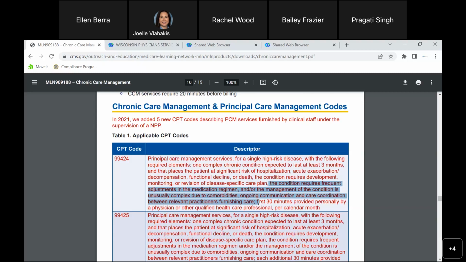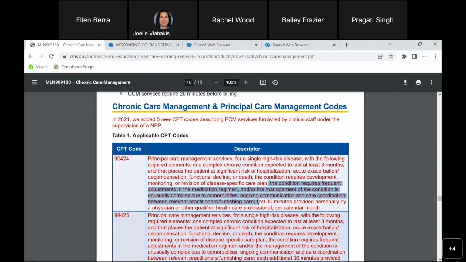etc. So in principal care management, what we're looking at is either the patient has had a hospitalization, and so now we need to stabilize that patient and possibly return them to their primary care physician, or the situation with their chronic condition is very complex.